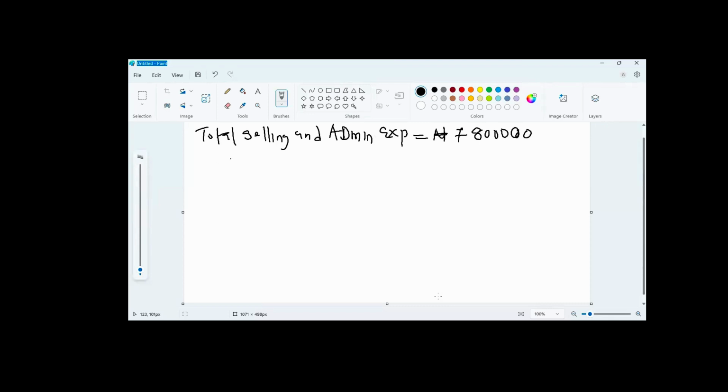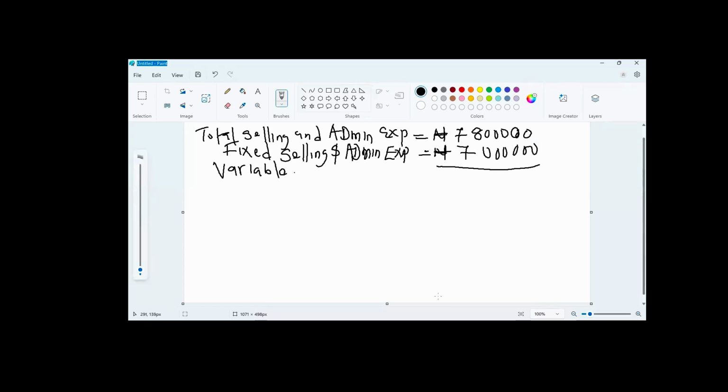The examiner says fixed selling and admin expense is equal to 7 million. Therefore, variable selling and admin expense is equal to 800,000.